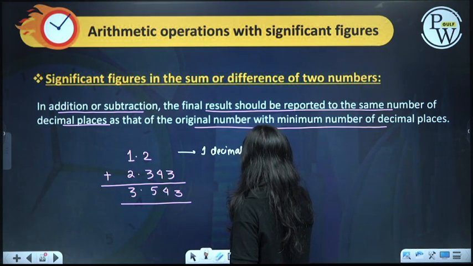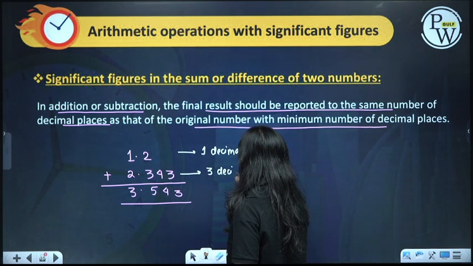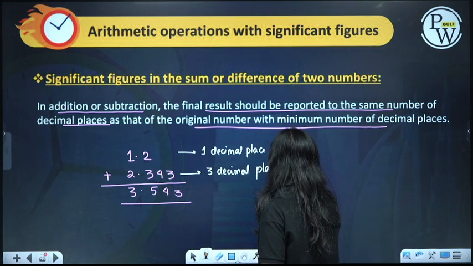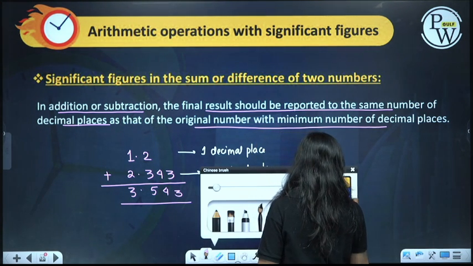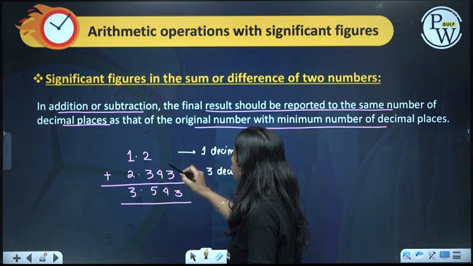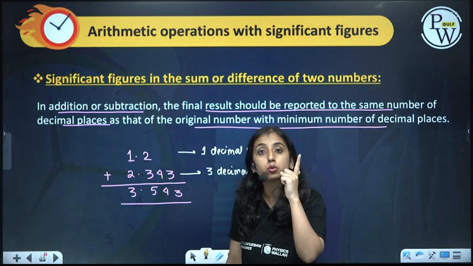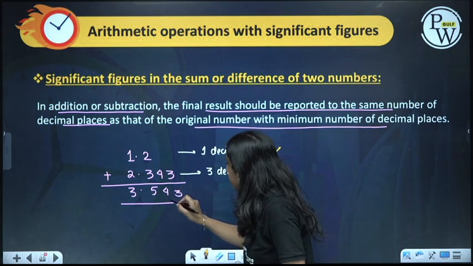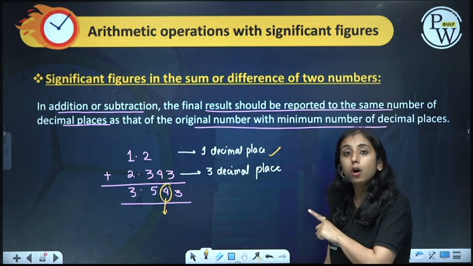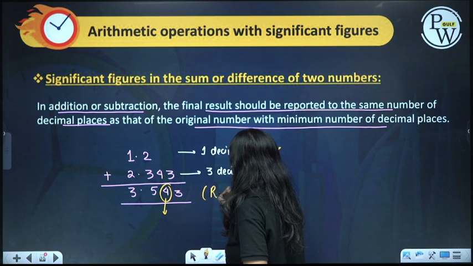And how many in 2.343? Three decimal places. The result should have only as many decimal places as the number with the minimum decimal places, which is 1 decimal place. So the digit to be dropped is 4. Round it off to 1 decimal place.